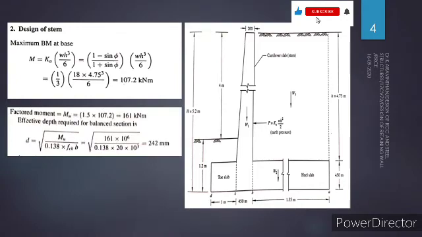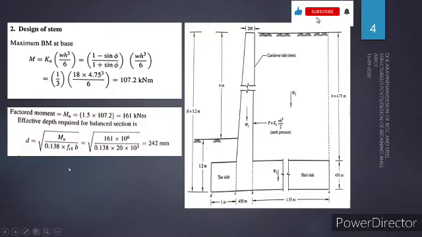And the second concept is factored moment. In order to overcome the failure due to the active earth pressure, you have to multiply by a factor which is known as 1.5. If you multiply with this moment, you will be getting 161 kilonewton meter. For this moment, you have to provide the reinforcement.